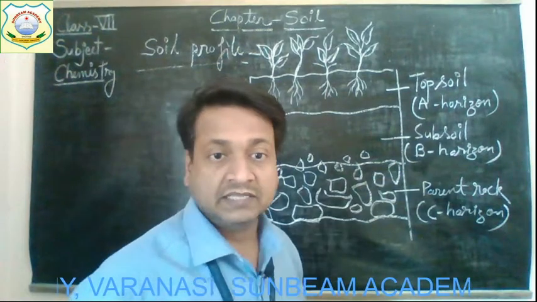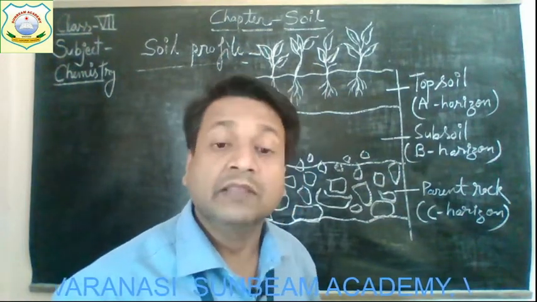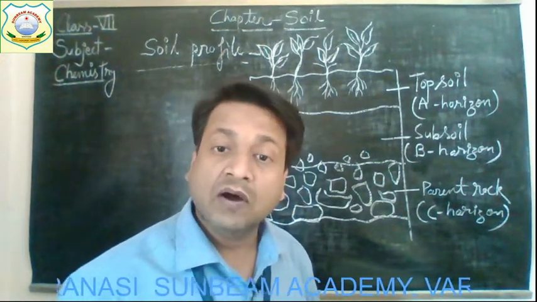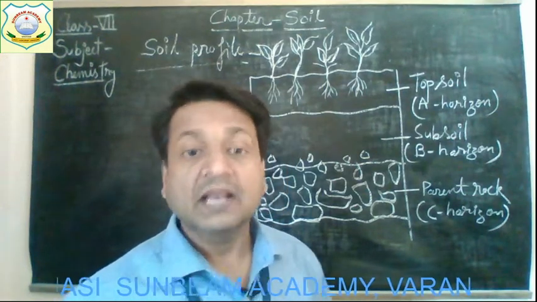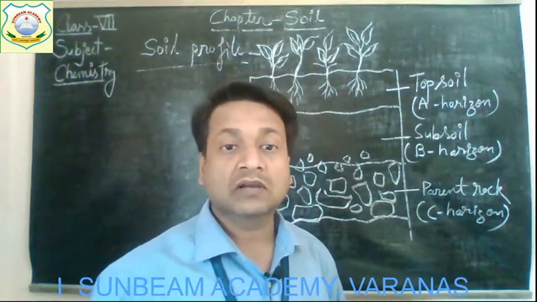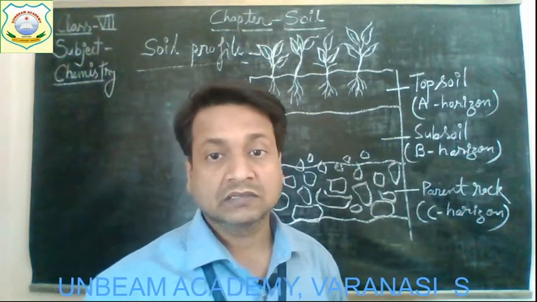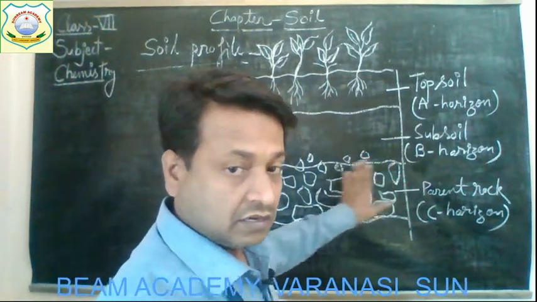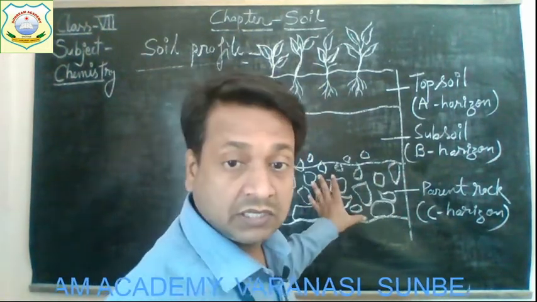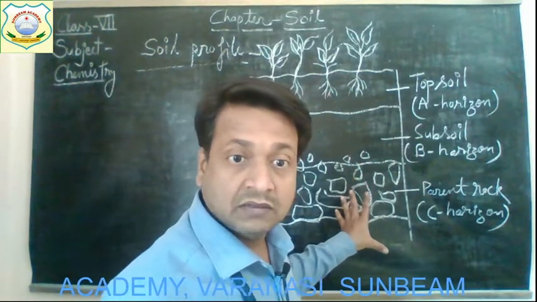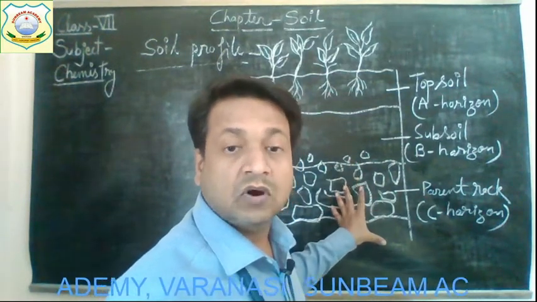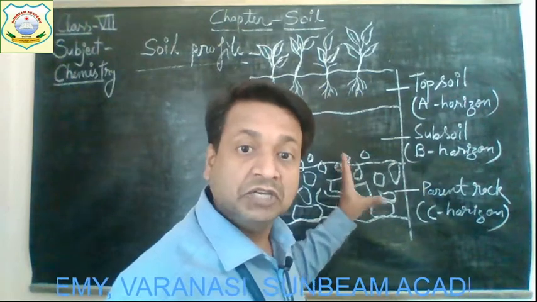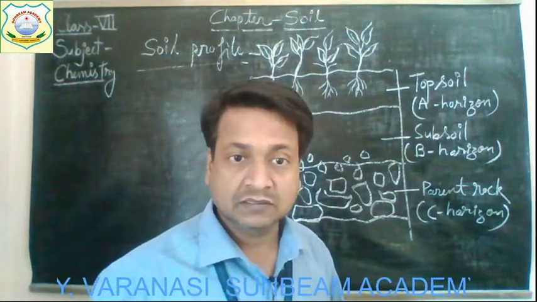The particles of the rocks found in some soil come from weathered rock in horizon C. Because of the weathering of the rock present in horizon C, the formation of soil takes place.